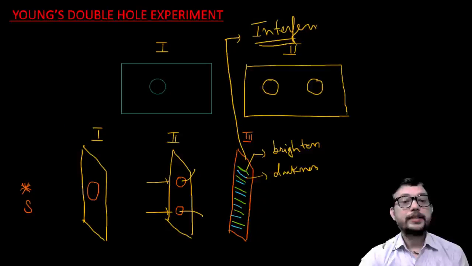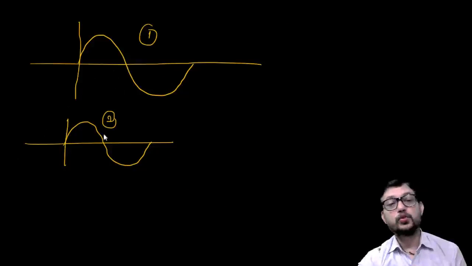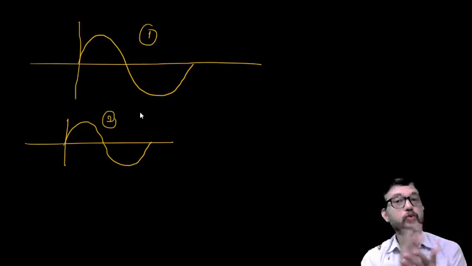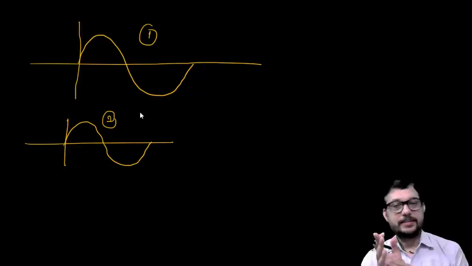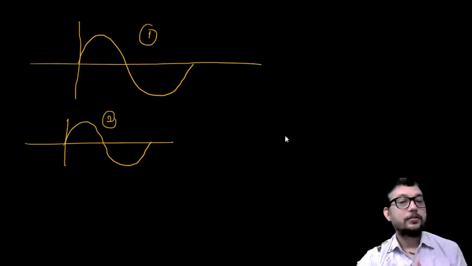As you can see here, from the first hole the first light wave is coming out, and from the second hole the second light wave is coming out. So basically these two are the light waves coming from the two holes which are separated by a very small distance.